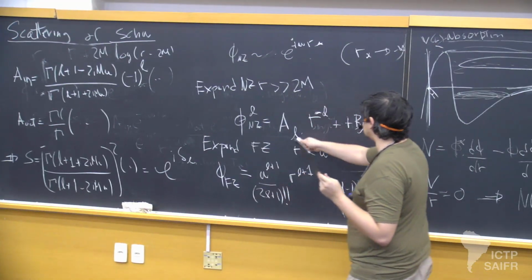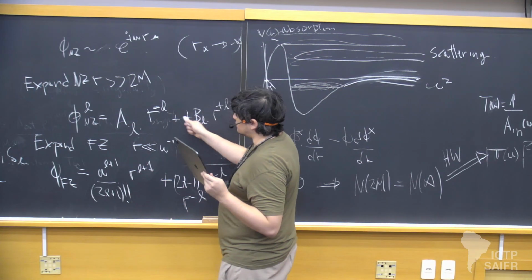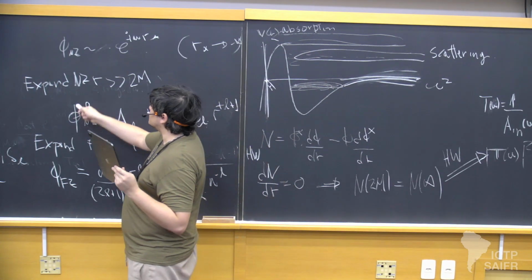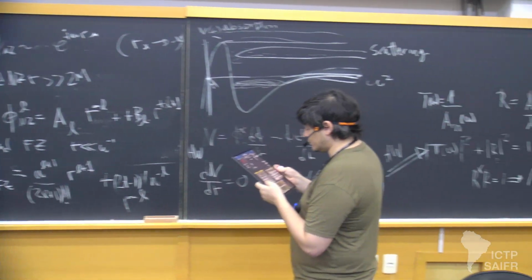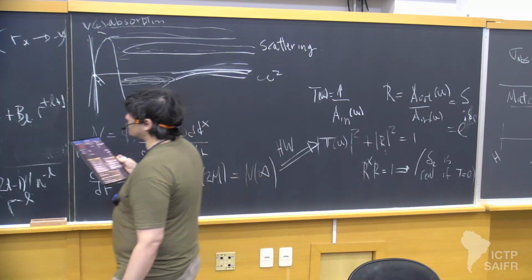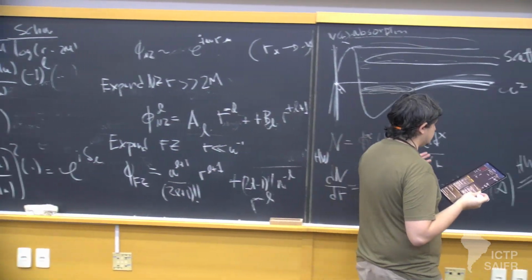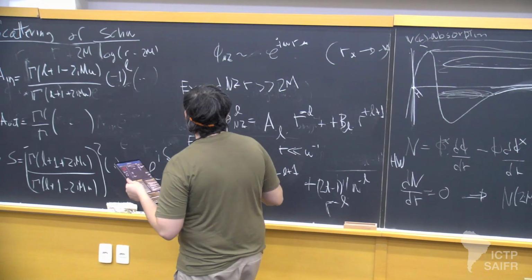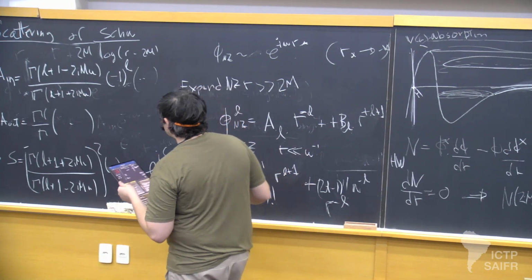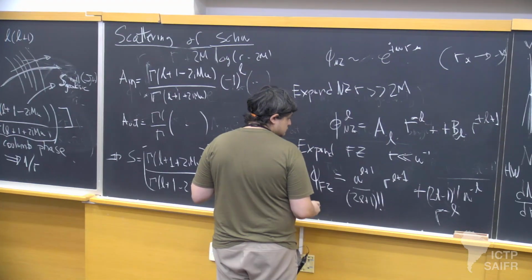So what you have to do is you just have to match A and B, and then you get the full solution everywhere, essentially. But you're interested in the scattering region. Oh, sorry, guys.